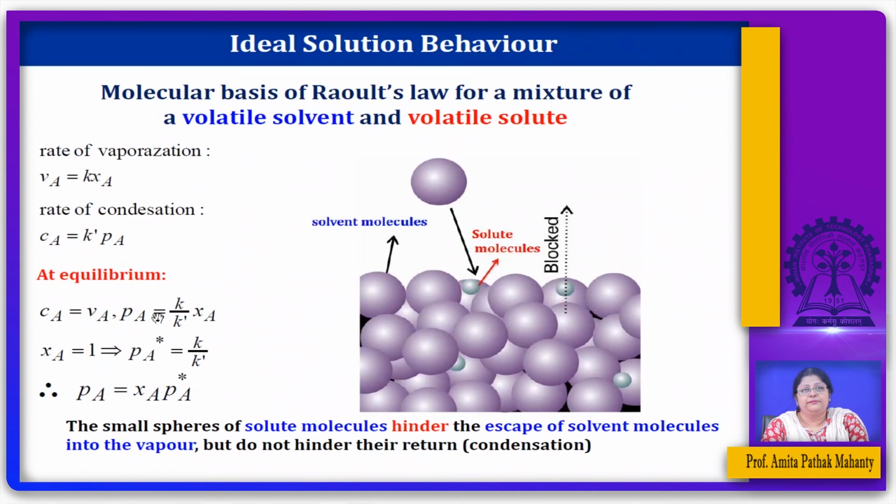So the partial pressure of A equals K by K prime. These are the two rate constants, one for evaporation and one for condensation.